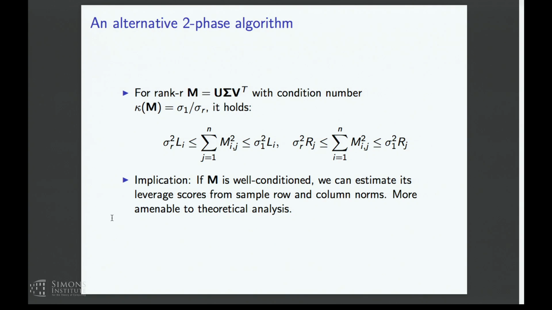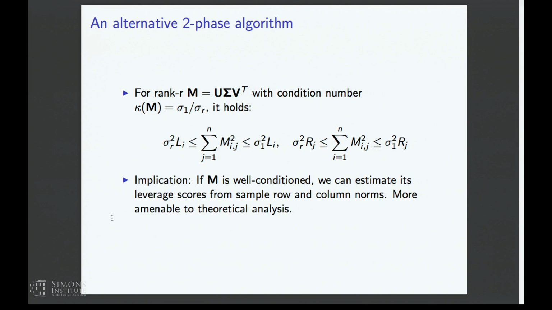The squared L2 norm of the ith row is always less than or equal to the ith leverage score times the largest singular value squared, and greater than or equal to the ith leverage score times the smallest singular value squared.